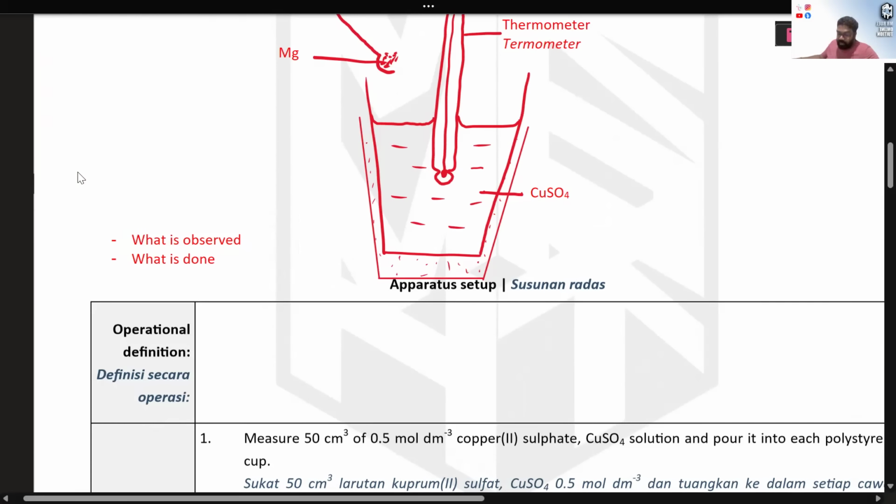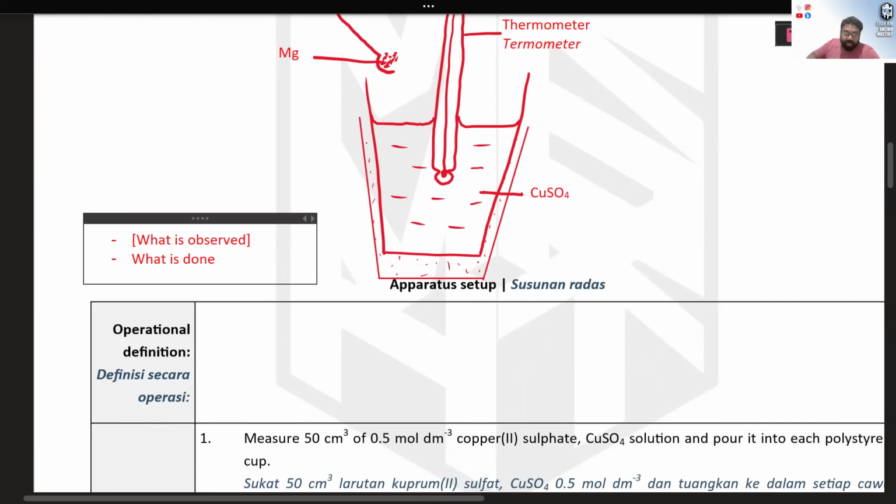The format that I teach my students is: what is observed in one sentence, when, what is done. This is the format that I ask my students to use.